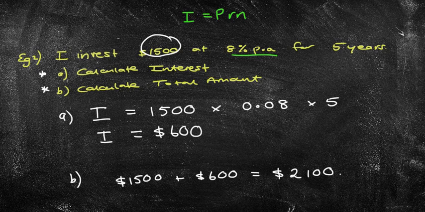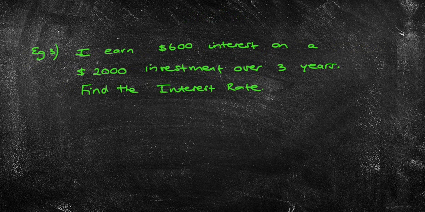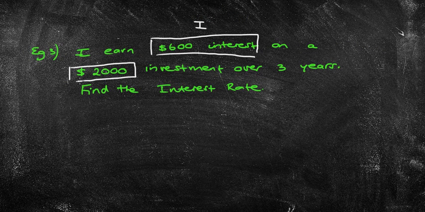All right, let's have a look at a more challenging type of question. Question 3, again, pause it if you wish. I earn $600 of interest. Well, this is a little bit different. They're telling me how much interest that I've earned on a $2,000 investment. Well, that's my investment being made. That's my principal amount over 3 years.